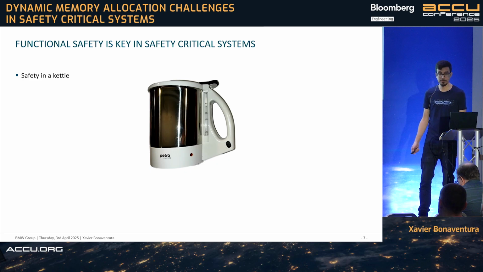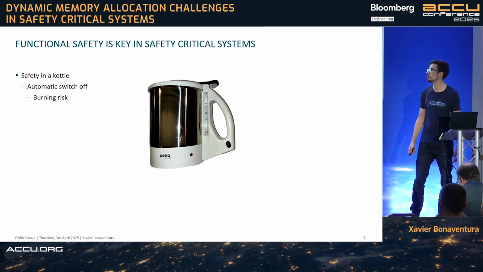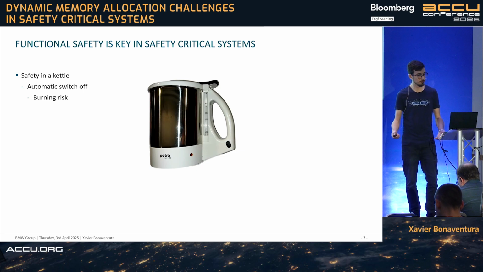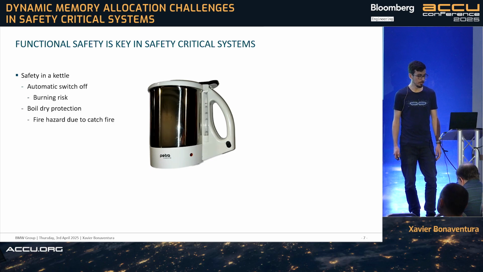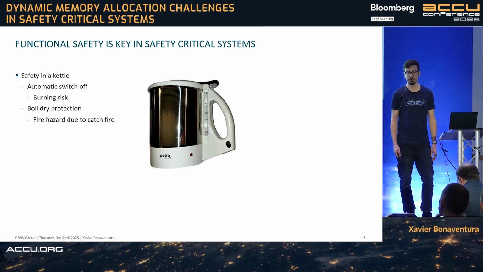You all probably have a kettle at home, and there is certain safety in it. You might not have thought about it, but it's there. First, we have an automatic switch off, and the goal is to prevent burning risk. We have the boil dry protection. If it runs out of water, it will automatically switch off.